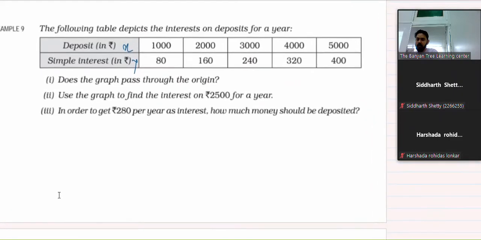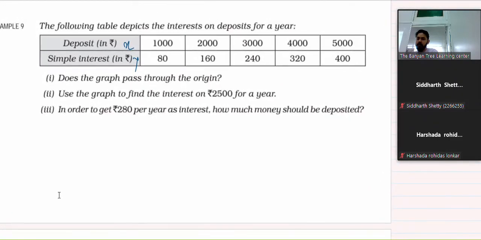Use the graph to find the interest on rupees 2,500 for a year. Can you explain? Does anybody have an idea what they are asking?